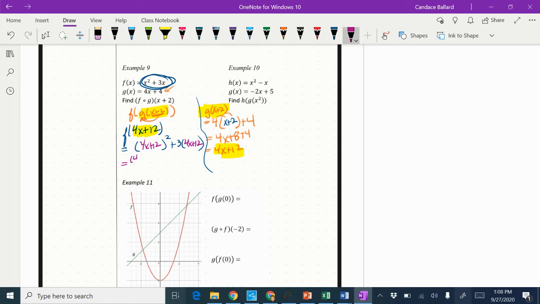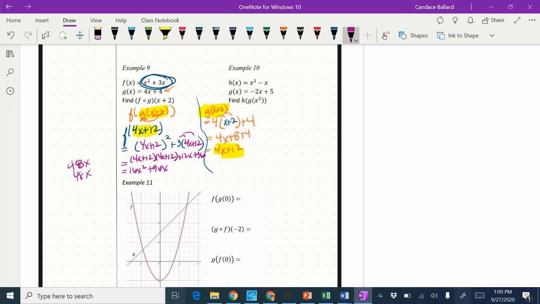So this means I have to do 4x plus 12 times 4x plus 12, meaning we're foiling. This one means I have to distribute, so 12x plus 36. All right, I'm going to FOIL. So I get 16x squared. 4x times 12 would be 48x, and another 48x for the middle, which means that I have 96x in the middle.